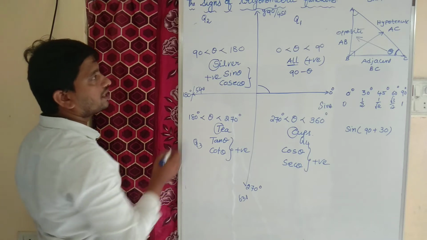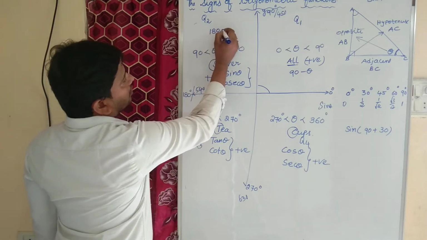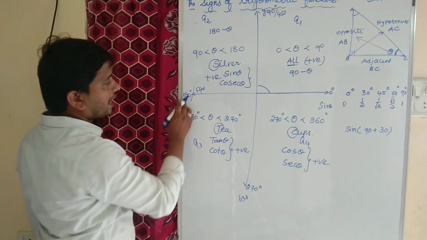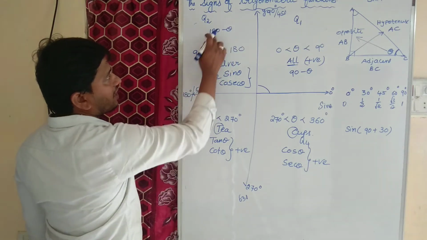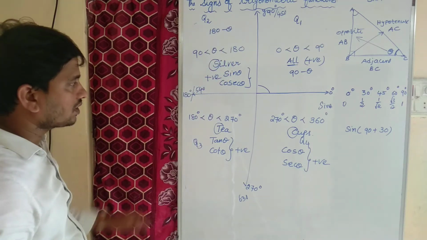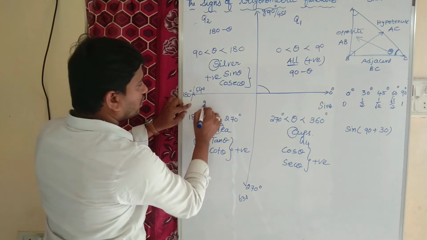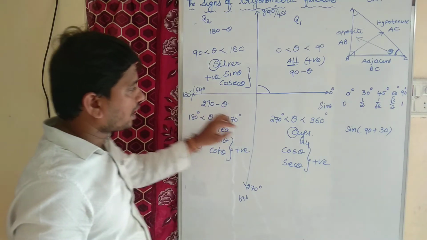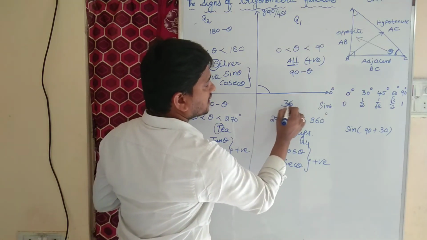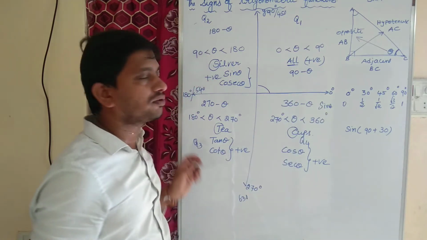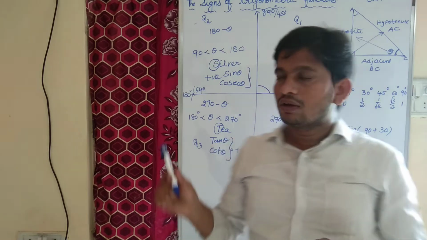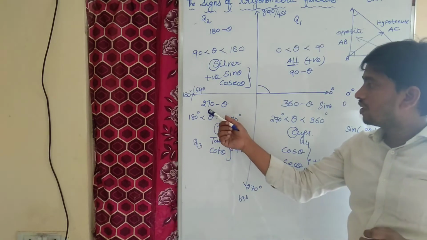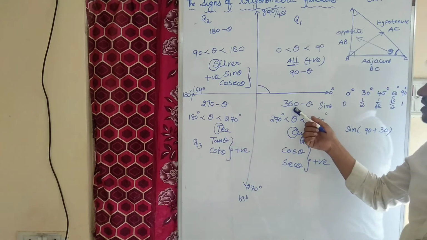Coming to second coordinate, the angle is always less than 180, I mean 180 minus theta. Coming to third coordinate, 270 minus theta, and the fourth coordinate is 360 minus theta. Children, are you understanding what do you mean by 90 minus theta? What is 180 minus theta? What is 270 minus theta? What is 360 minus theta?